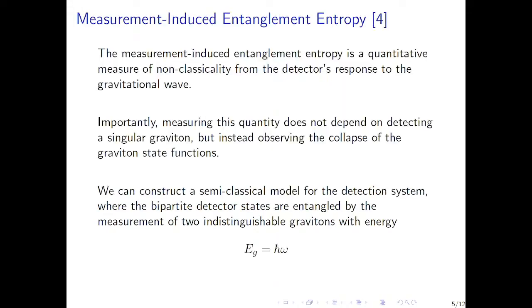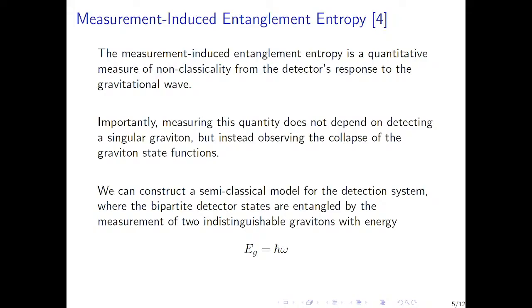The first I'm going to talk about here today is the measurement-induced entanglement entropy. This is a quantitative measurement of non-classicality from the detector's response to the gravitational wave. Our two detectors are both the same, and they are classical systems. However, we're going to look at the quantum mechanical effects that are hidden within the detector's response to the gravitational wave.